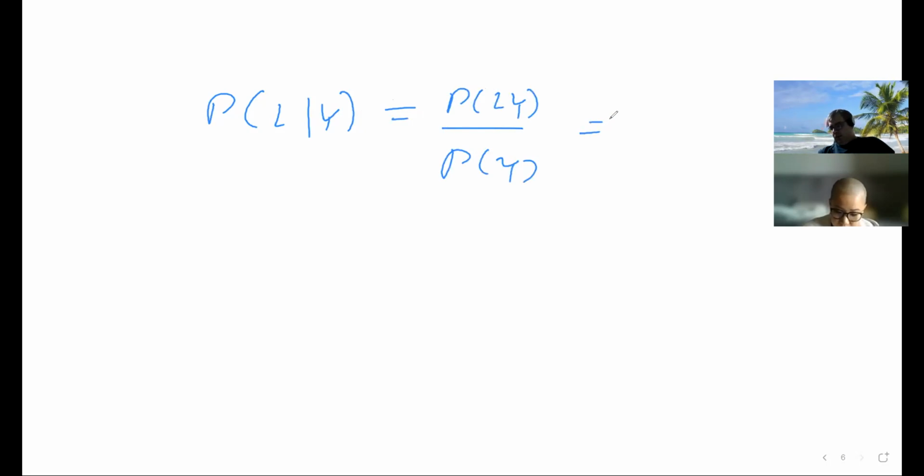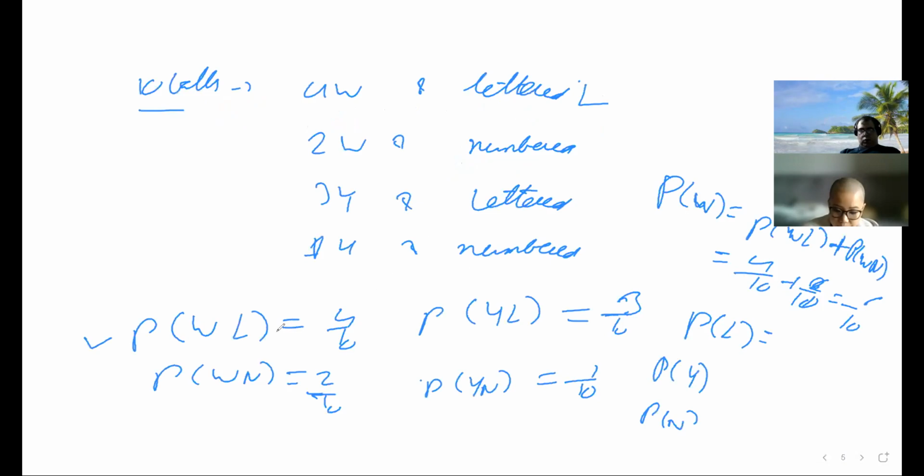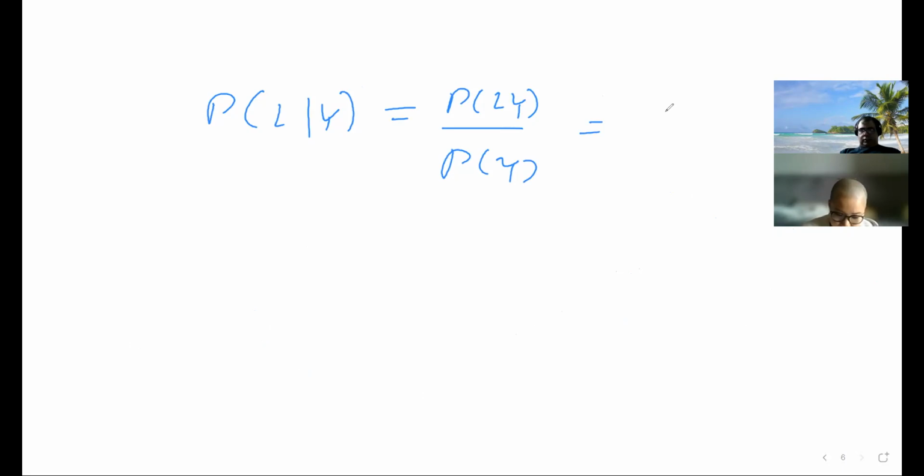The probability of yellow and lettered we have found is 3 by 10, so it's 0.3.